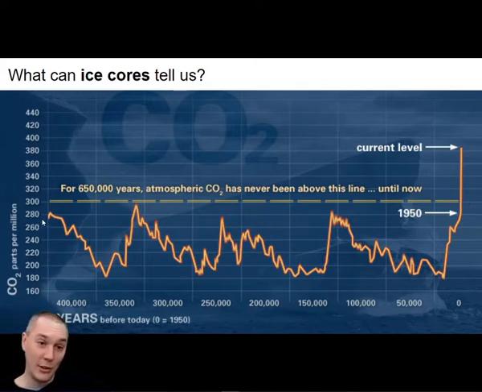So if you look over the course of history, this is about 500,000 years going back, the carbon dioxide was going up and down between about 280 down to about 180, then back up and down a little bit, always between about 180 and 280. And only since 1950, so in the last 70 years or so, has the carbon dioxide level started shooting straight upwards.